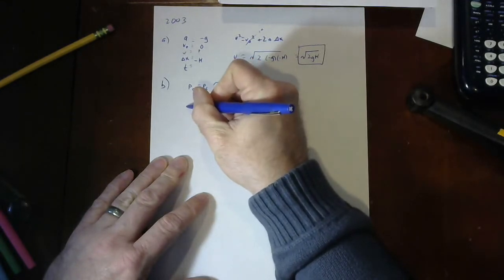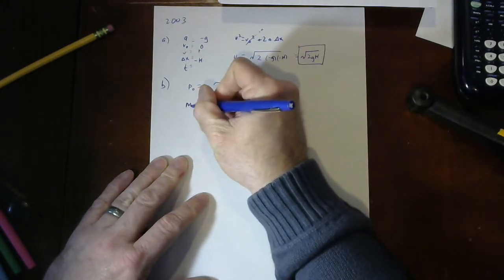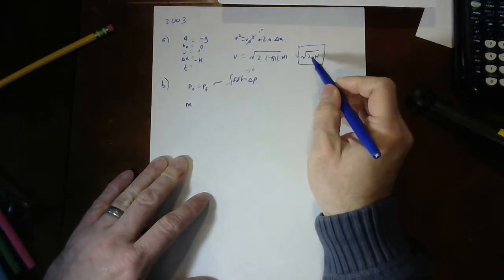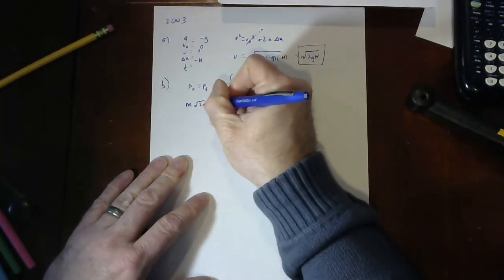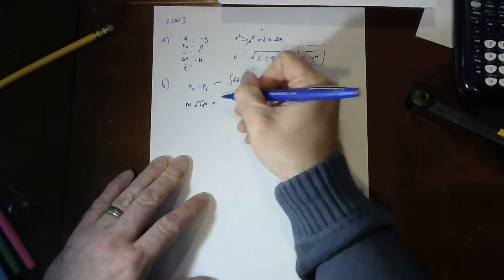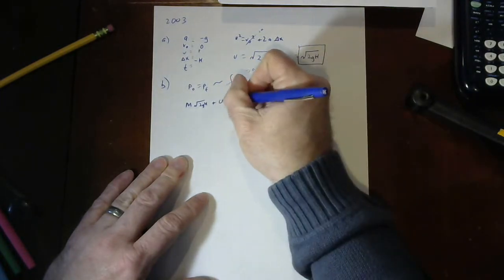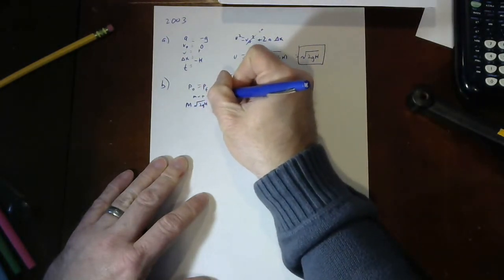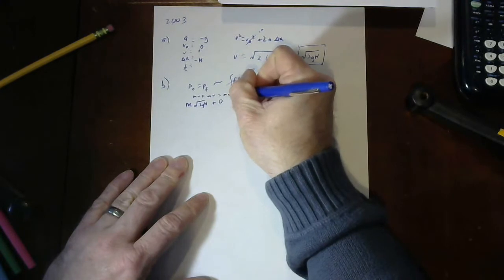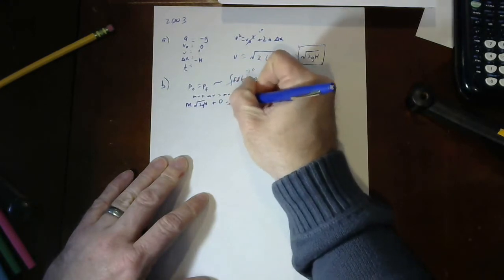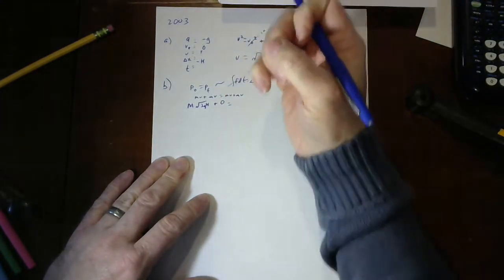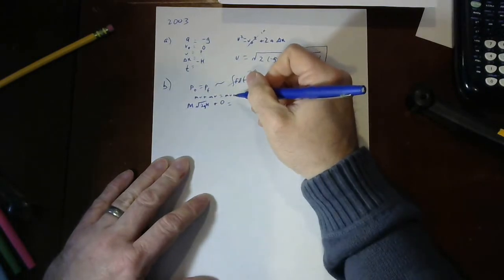Initial, I've got that clay, and that has a mass m and a velocity we just solved, root 2gh, plus the momentum of the pan, 0. This is basically me doing mv plus mv equals mv plus mv. You know what I'm saying? But afterwards, the two masses move together. They share the same final velocity.